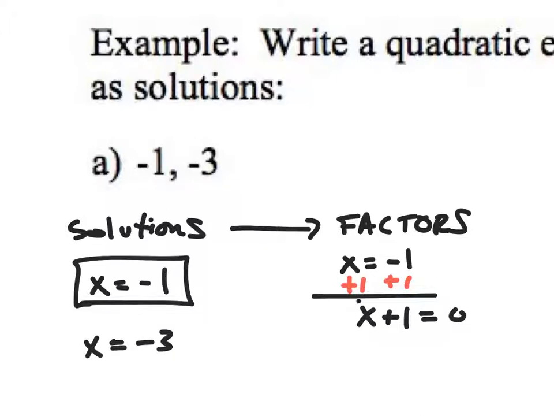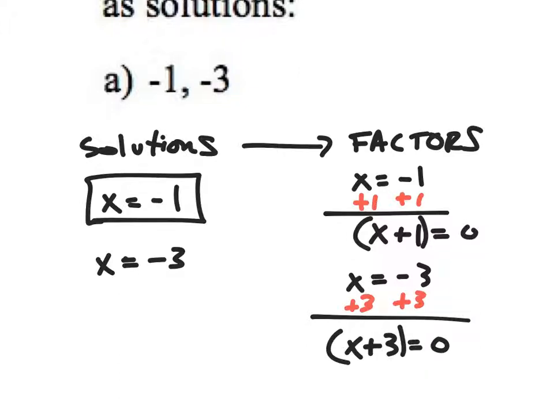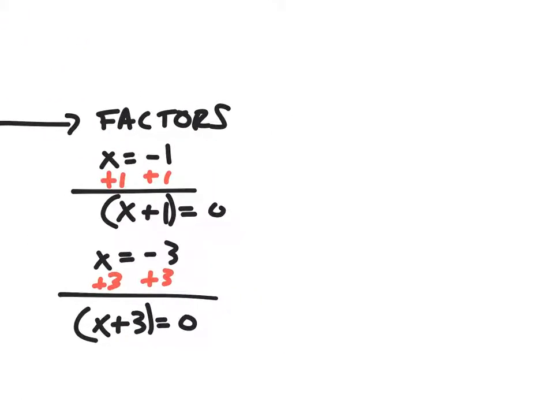That's one factor. Take the other one, which is x equals -3, and add 3 to both sides, and I get that x plus 3 is equal to 0. That's my other factor. So my factors are x plus 1 and x plus 3.